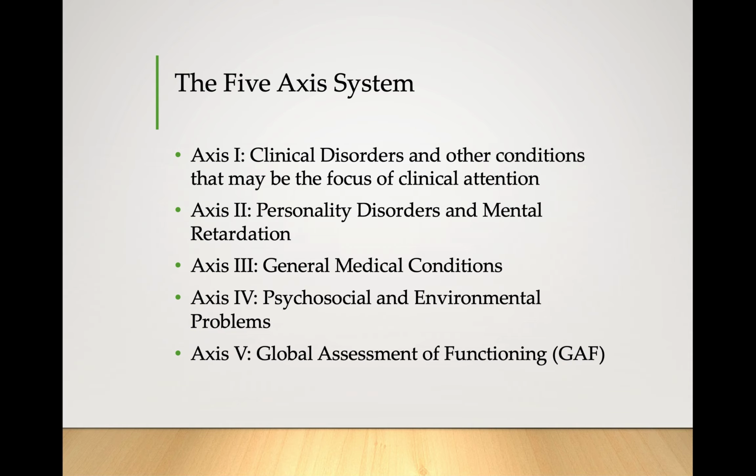I want to go over this because I'd hate for you to go for a job interview or get a job and you're asked about your knowledge of this system and you don't have it. So I'd rather you have it and not need it than need it and not have it. So the Five-Axis system is just this. The way we would make diagnoses is pretty much the way you see it on the screen.